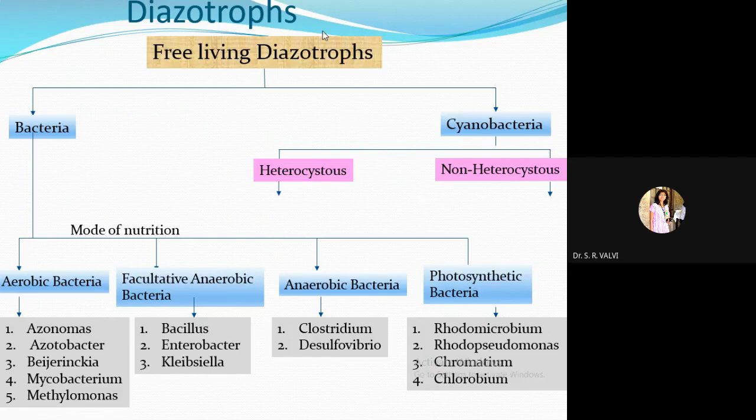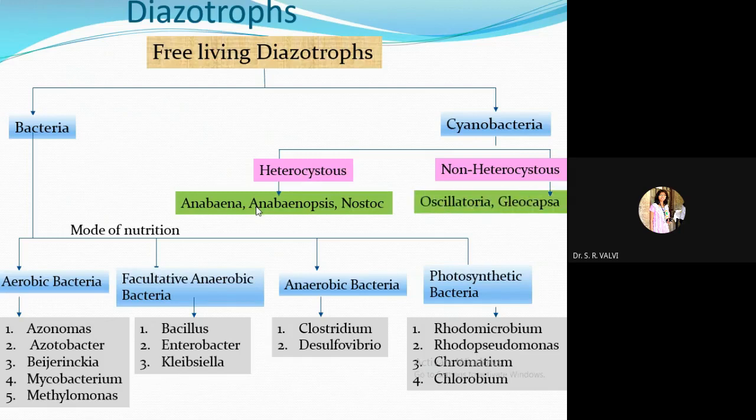So whether heterocyst is present or not, according to that there are two types of cyanobacteria, heterocystous and non-heterocystous. Which are those heterocystous cyanobacteria? See Anabaena, Anabaenopsis and Nostoc.